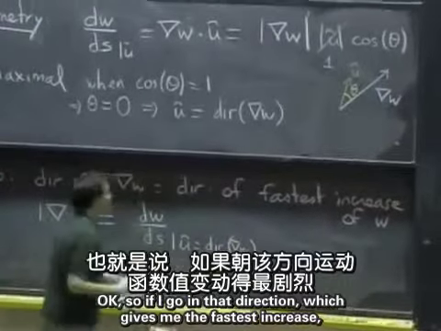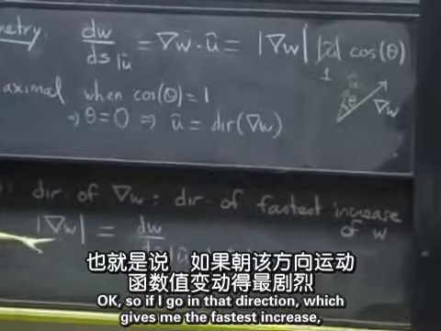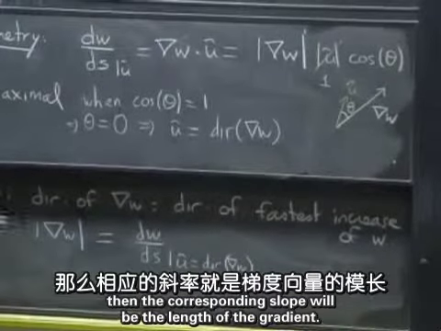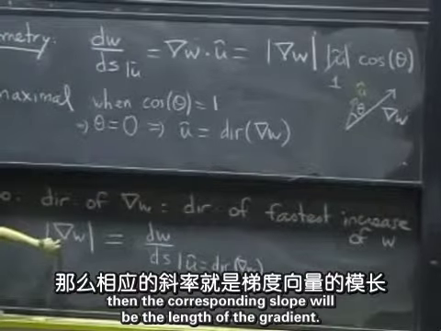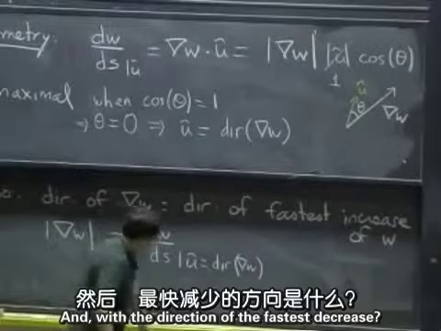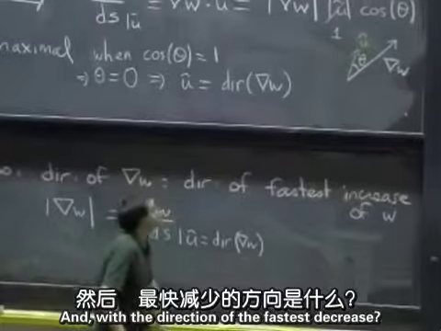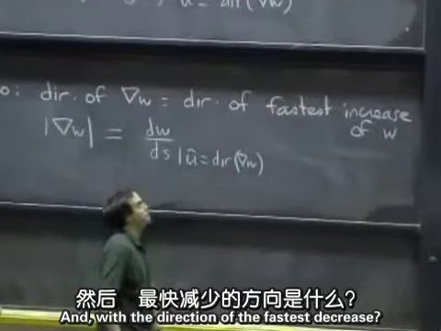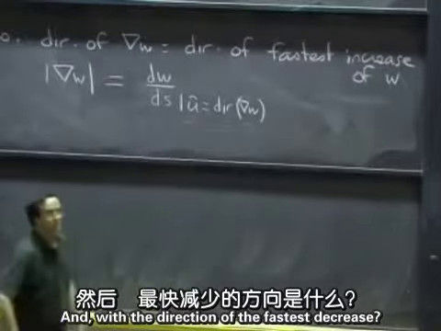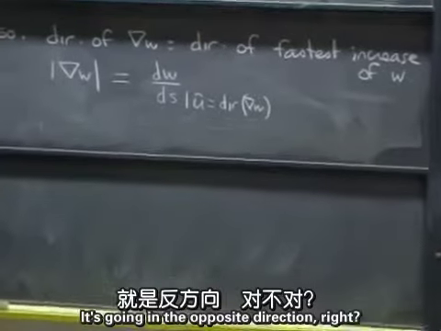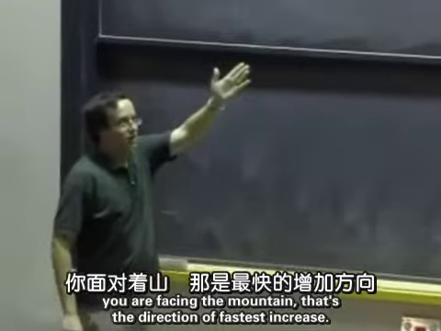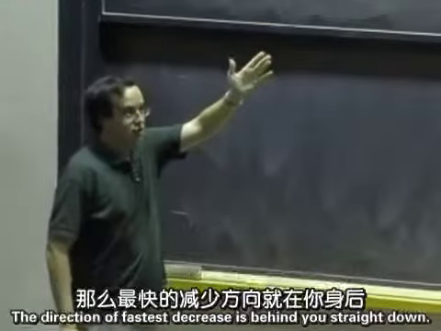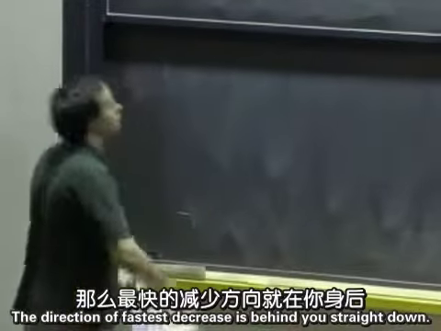Okay, so if I go in that direction, which gives me the fastest increase, then the corresponding slope will be the length of the gradient. And what's the direction of fastest decrease? It's going in the opposite direction, right? I mean, if you're on a mountain and you know that you're facing the mountain, that's the direction of fastest increase. The direction of fastest decrease is behind you, straight down.